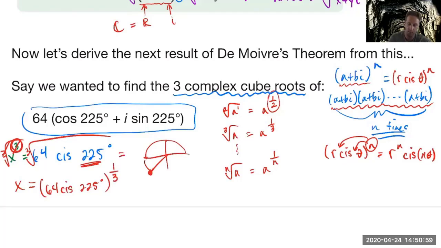And de Moivre's theorem would then allow me to take this thing and rewrite it in an alternative form, which would be raising my r to the 1/3 power, which, by the way, is the same as taking the cube root of 64. So I get 4.